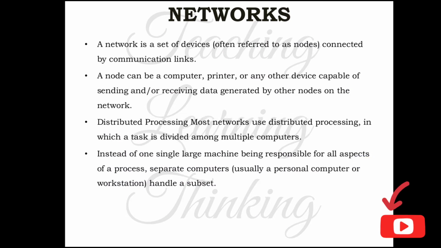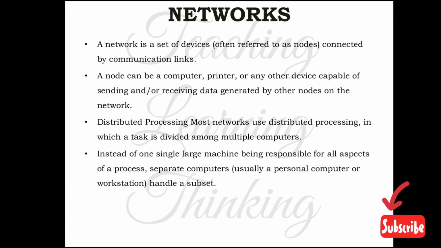Networks. A network is a set of devices, often referred to as nodes, connected by communication links. So a network means there are nodes, there is a communication link, and the devices are connected at the end of these links. A node can be a computer, printer or any other device capable of sending or receiving data generated by other nodes on the network. So the use of this network is sending and receiving data.